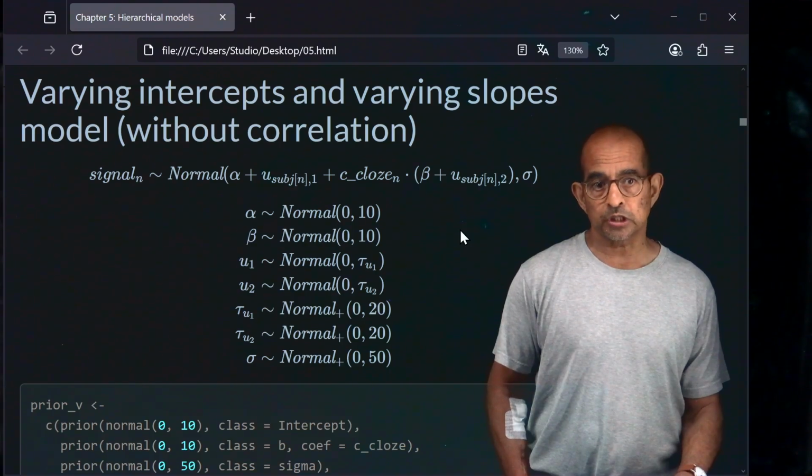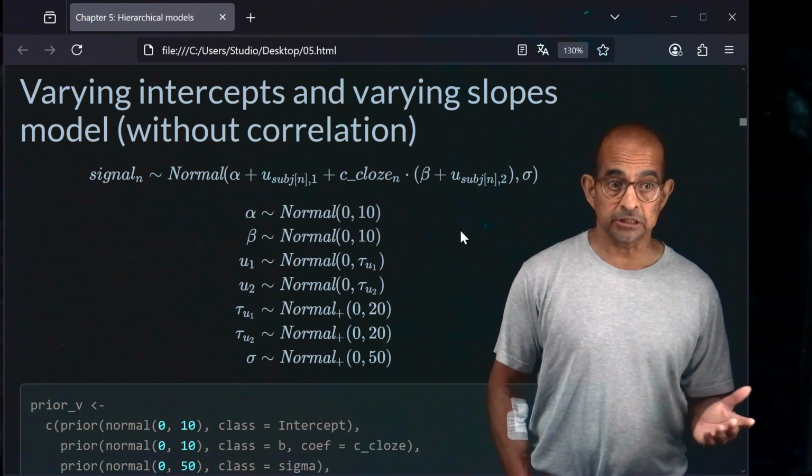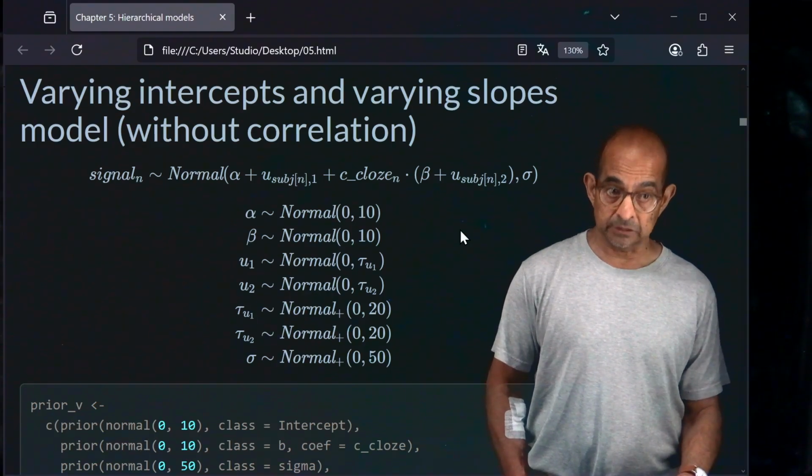Very, very important property of hierarchical models, and a game changer for us if we are studying individual differences.